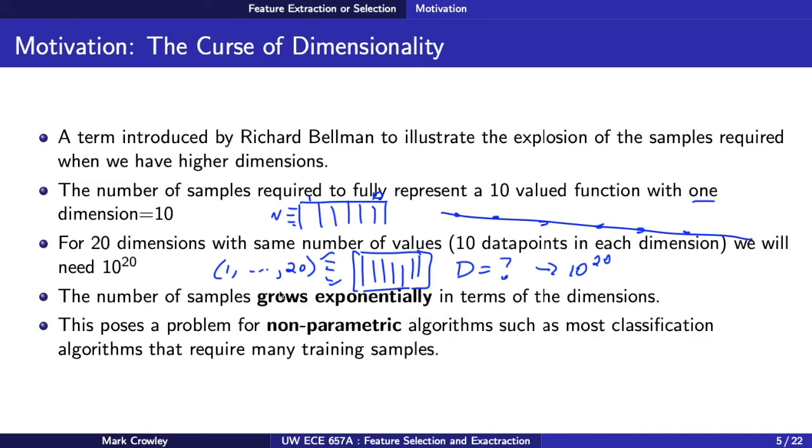In a similar way, if we want to take a sample of a data set and get some kind of representative sample of the space, if there are more dimensions, we need more samples. Every time there's a new dimension, we need as many samples as we had before for every new value in that dimension. We'll talk about the difference between parametric and non-parametric algorithms.